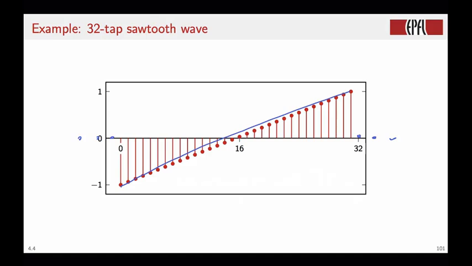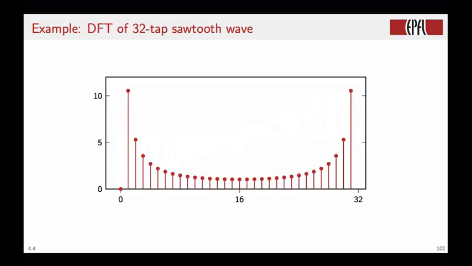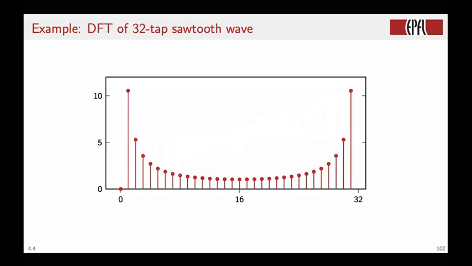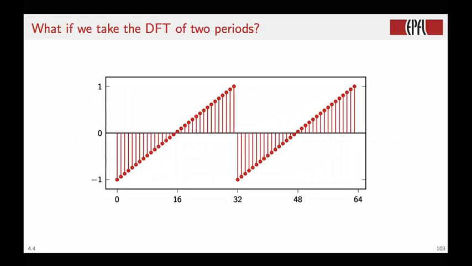If we take the DFT of this signal, considered as a 32-point finite length signal, the DFT will look like this. Computing the exact value of the DFT coefficients is left as an exercise. Just note, for instance, that the coefficient at 0 is 0 because the signal is actually centered around 0, so its average is 0.